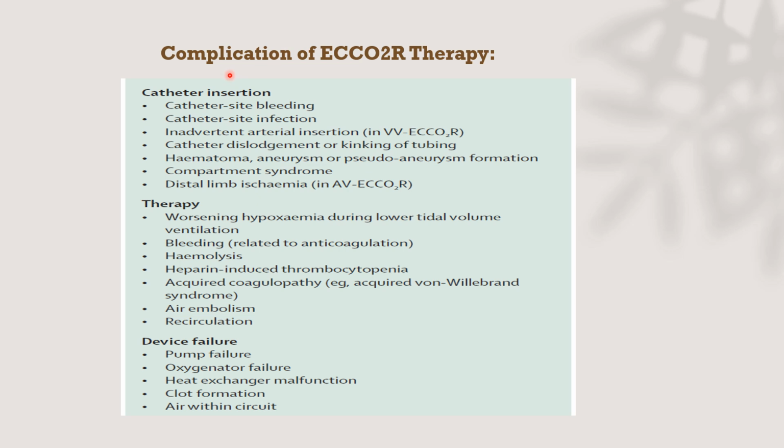General complications like catheter insertion: at the site of the catheter, bleeding, infarction, insertion of arterial instead of venous catheter, catheter displacement or kinking of the tube, hematoma, aneurysm formation, compartment syndrome, as I mentioned before, and distal limb ischemia in AV ECCO2R.